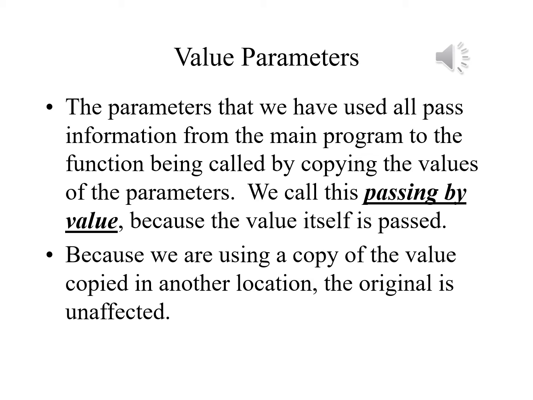When we pass a value as a parameter from the method that is doing the calling to the method being called, what we're doing is passing it by copying the values of the parameter as we had them in the calling method into the method being called. Copying the value like that is called passing by value, because it's the value itself being passed. Because we are using a copy of the value stored in another location, the original is unaffected, therefore it doesn't change, and therefore we will see no change.